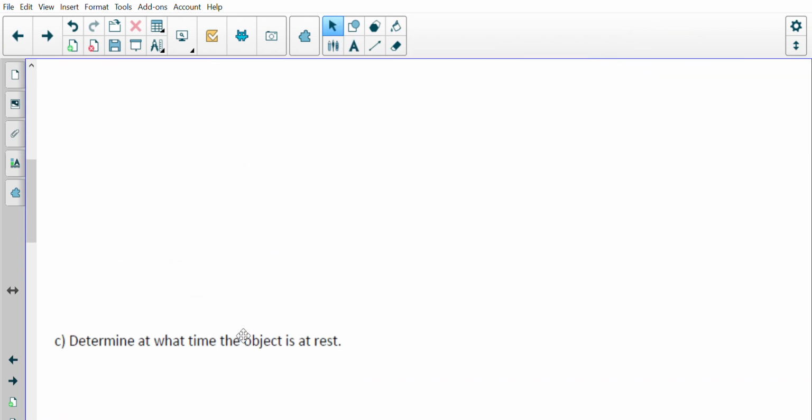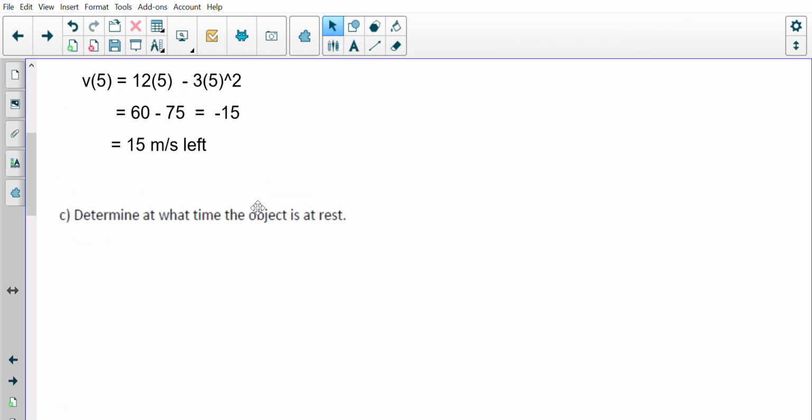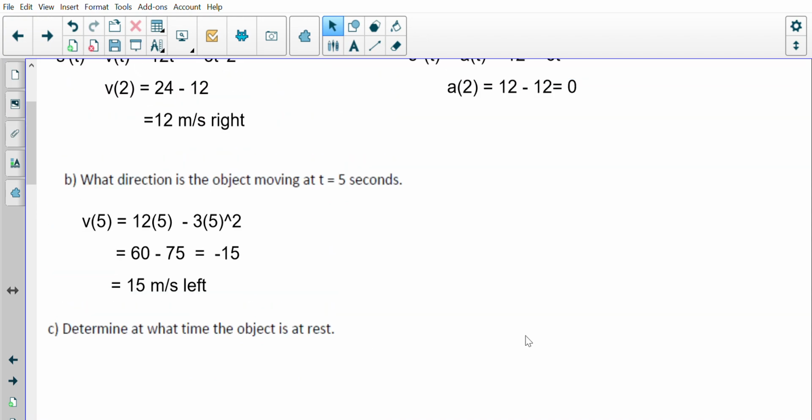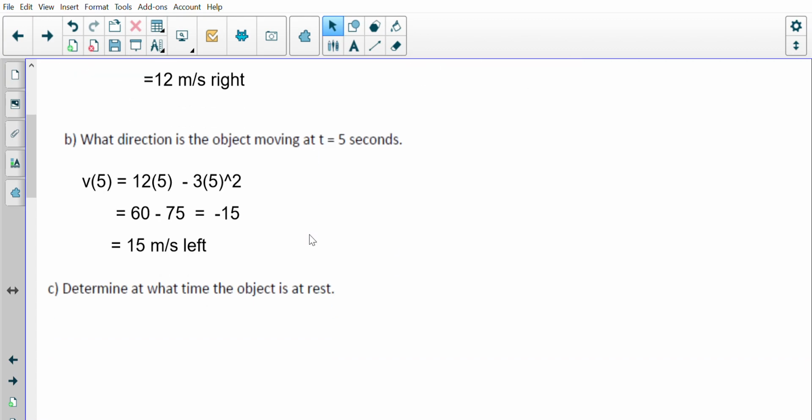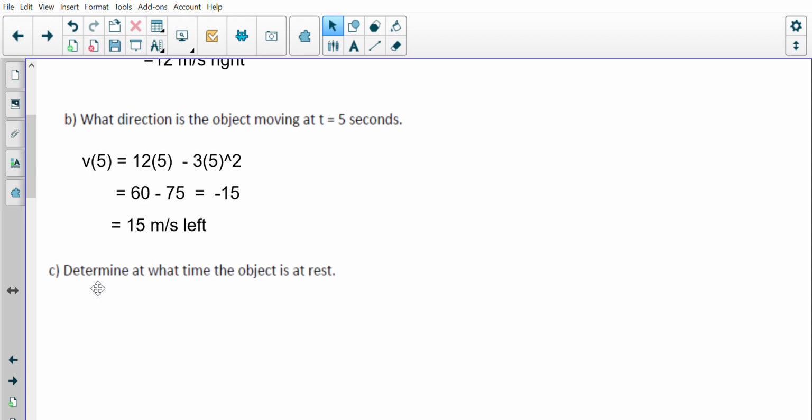All right, now. So C, it says, at what time is the object at rest? Which means at rest means it's not moving. So again, I'm going to use my velocity function, and I'm going to see when it is equal to 0.